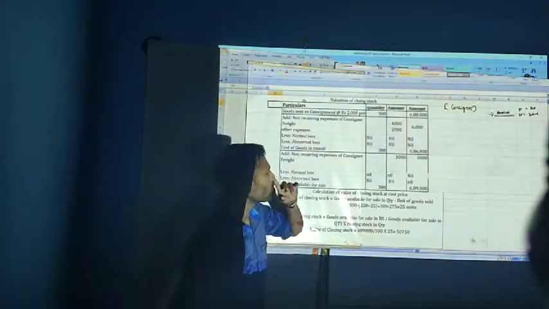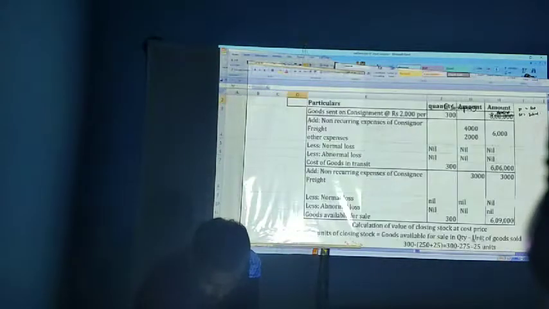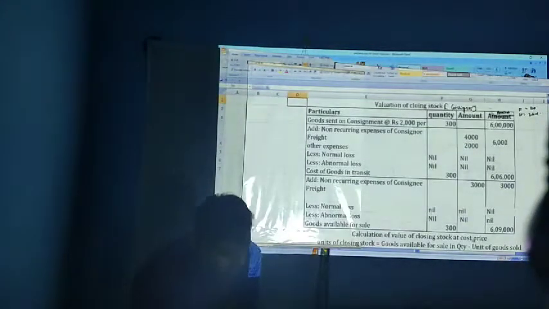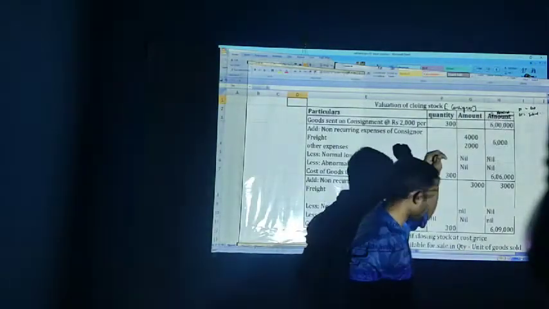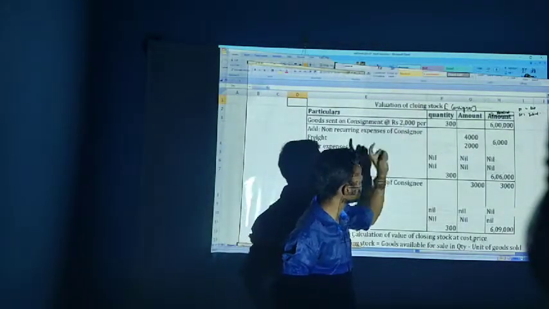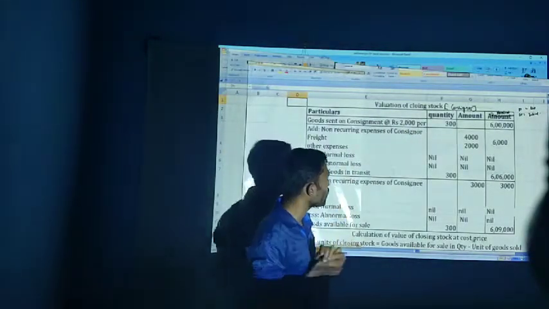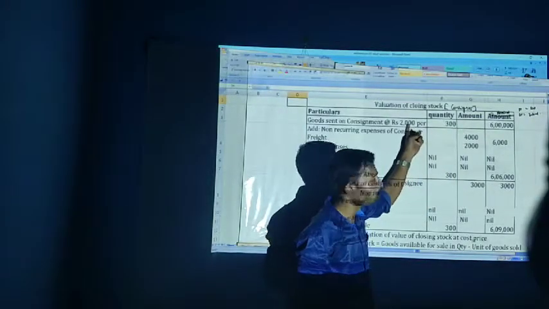Now, how to calculate the value of the closing stock? Particulars, quantity, amount. First take the goods sent on consignment: 300 chests of tea at 2,000 per chest.